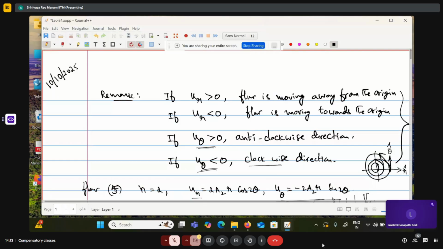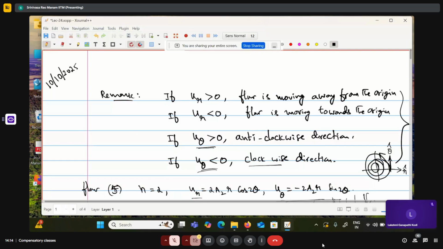Whatever is inside is the Rankine half body flow. Normally this is what you say for this flow. If you combine them, so you also put the source and sink together, and that becomes the Rankine oval. This is the Rankine in fluid mechanics, called the Rankine oval.